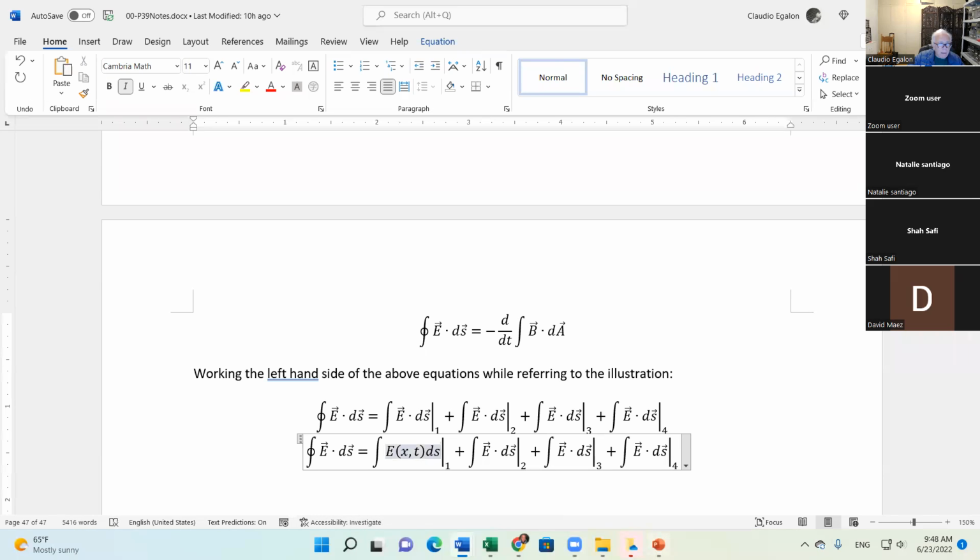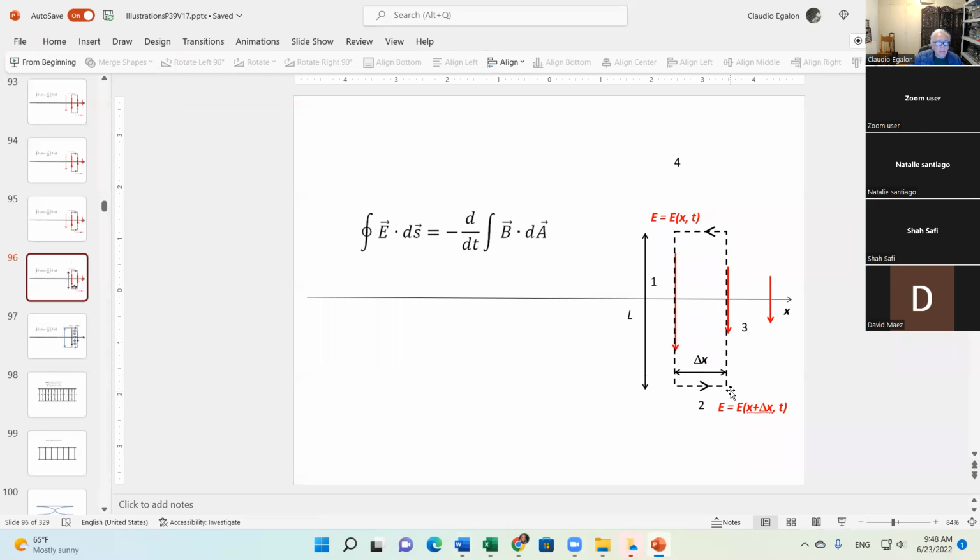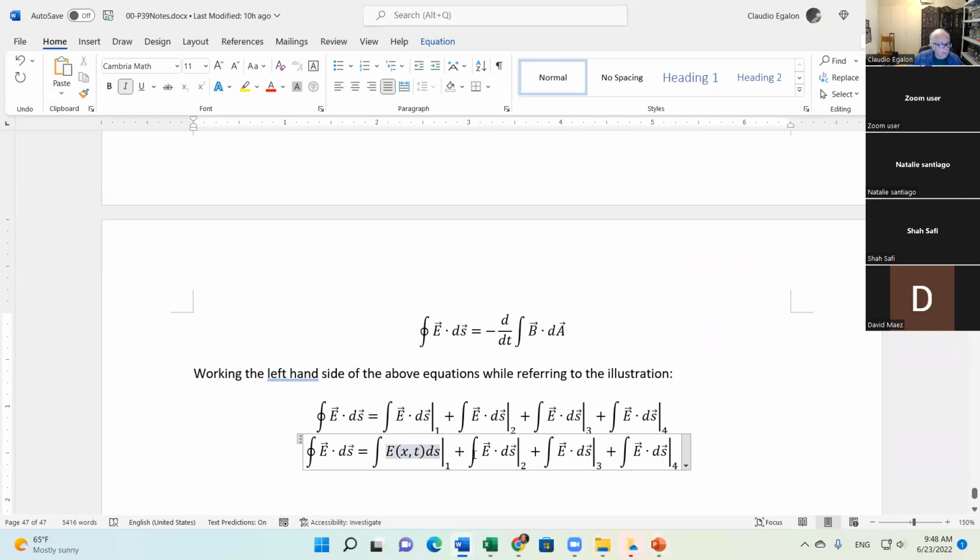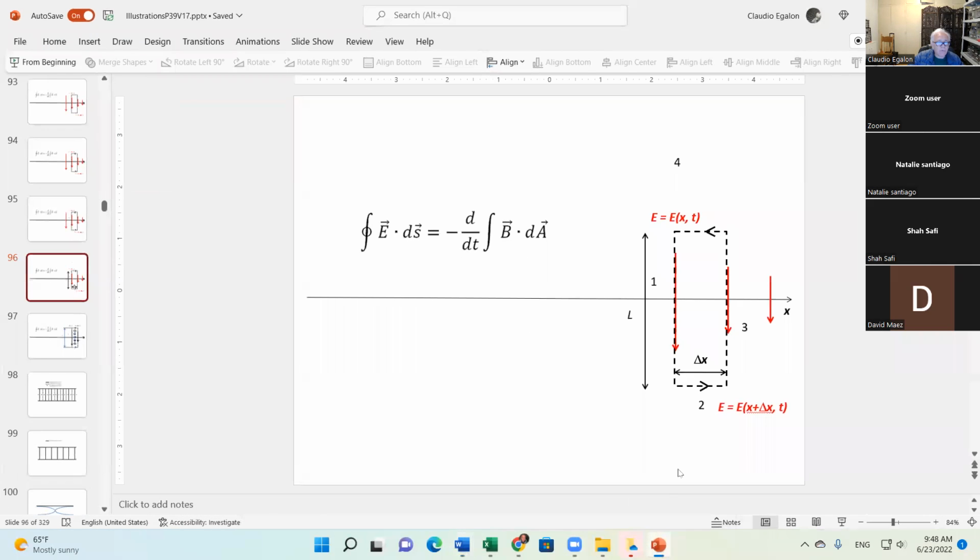Okay, along the path number 2, we don't have any electric field. The electric field is perpendicular to the direction of the path number 2. See that? 90-degree angle. So integral over path number 2 becomes 0. E is perpendicular to ds. E dot ds over path number 3 is going to be negative because the path runs upwards and the electric field runs downwards, right?